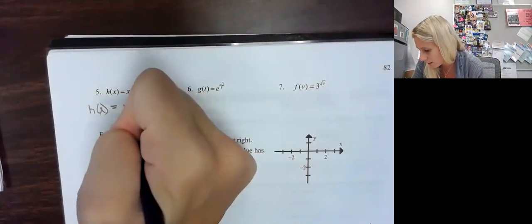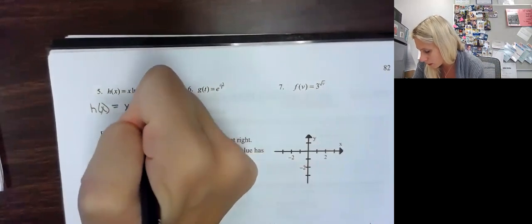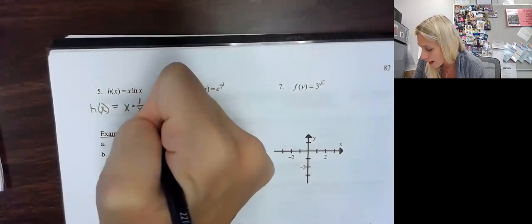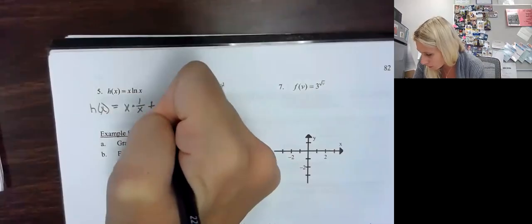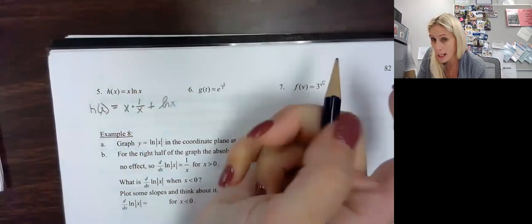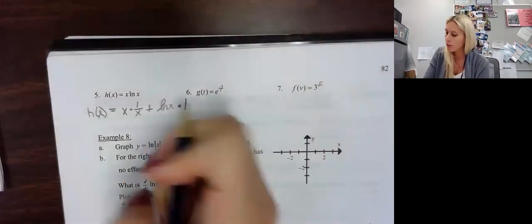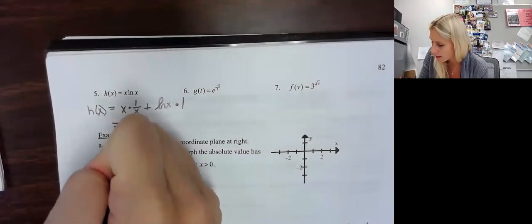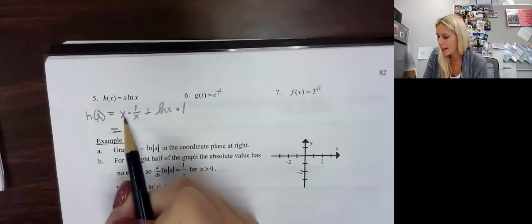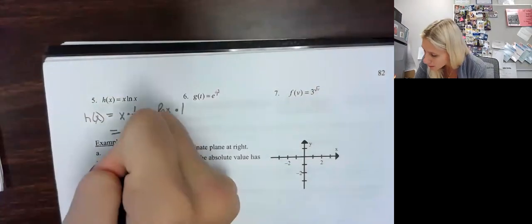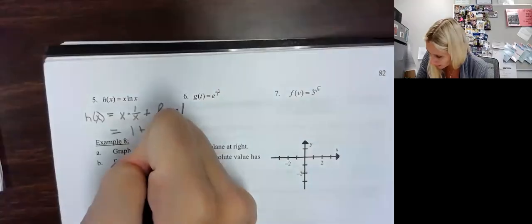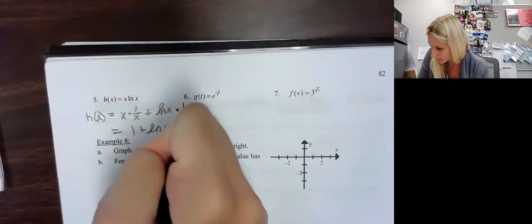Well, the derivative of ln is 1 over x, plus the second function, which is ln x, times the derivative of the first, which is 1. So if we were to simplify this, x over x is 1, and then plus ln x, and we're done.